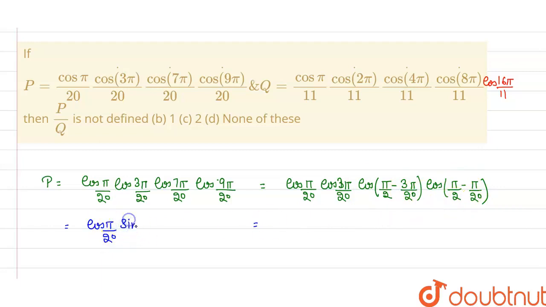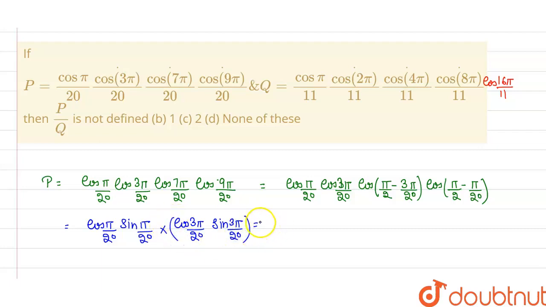So I am writing here sin pi by 20 into cos 3 pi by 20 into sin 3 pi by 20.